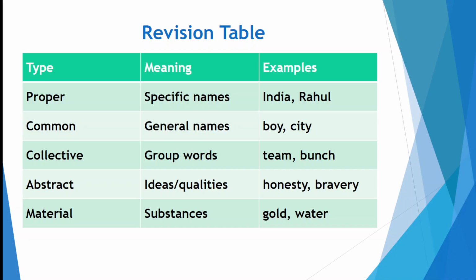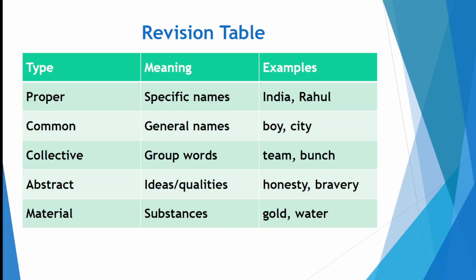Now we have the revision table of nouns. As we studied, noun is the name of a person, place, or thing. We discussed examples also. There are five types of noun: proper noun, common noun, collective noun, abstract noun, and material noun. Proper noun was specific names of person, place, things, or ideas like India, Rahul, right? And common nouns were general names like boy, city, girl, kind of things.